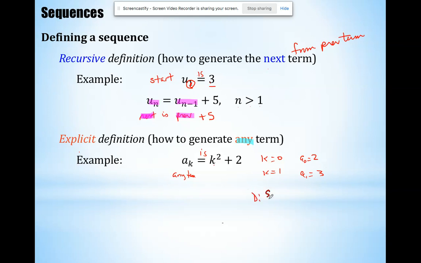My domain is 0, 1, 2, 3. And my range is 2, 3, 2 squared plus 2, 3 squared plus 2, and so on and so forth. Right? Input, output.